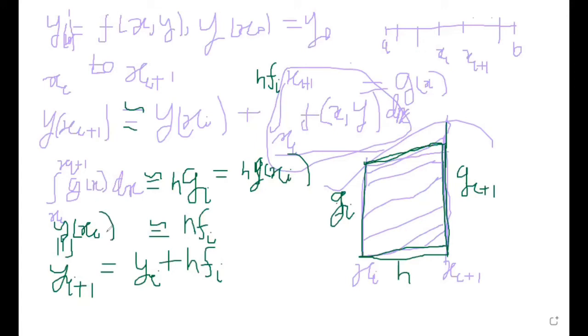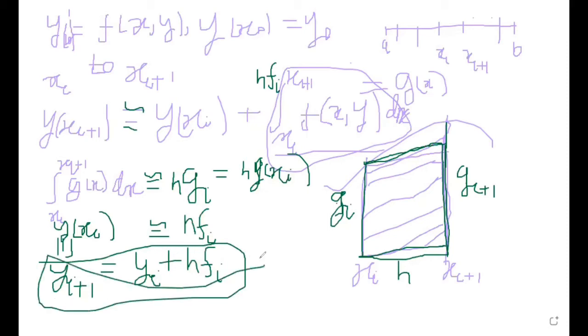This thing is clear. So in that way, this formula is known as Euler's forward formula. Am I right?